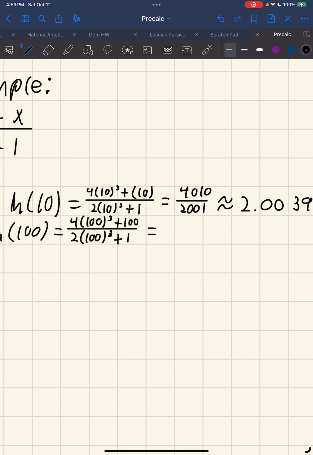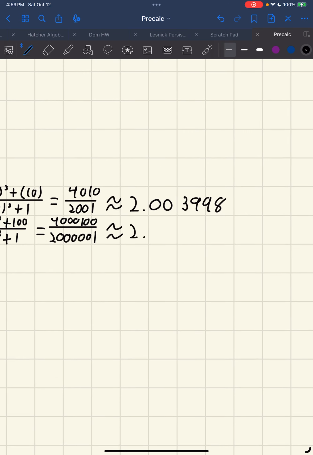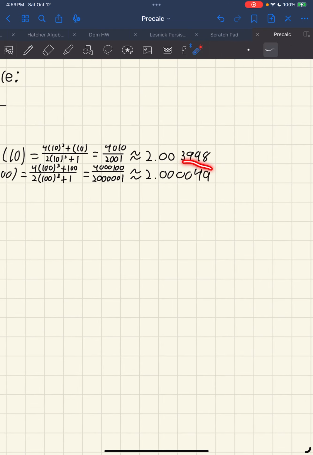What this will be is some large number, 4,100,000 divided by 2 million. Oh, let's do this right. So it's going to be 5 zeros. 2,000,001, which is approximately, I have this written down, 2.000049.